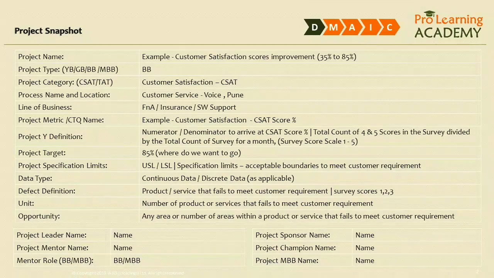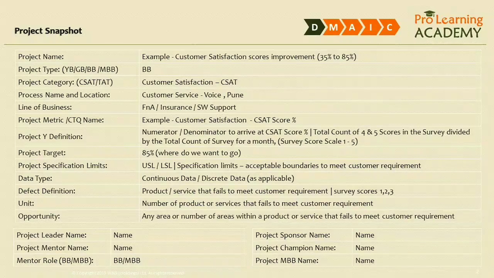It can be anything. So there are different areas or number of areas within a product or service that fails to meet customer requirements, and that would be your opportunity. And the unit in that example would be your shirt.